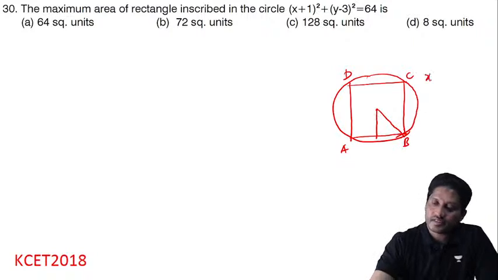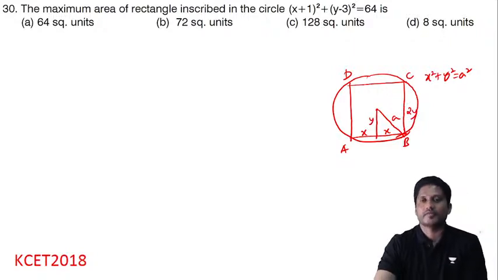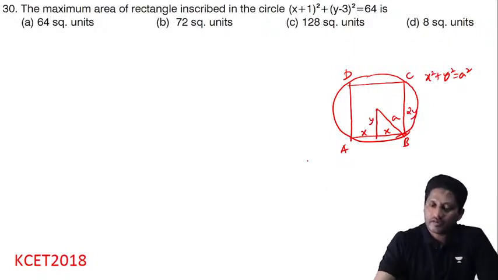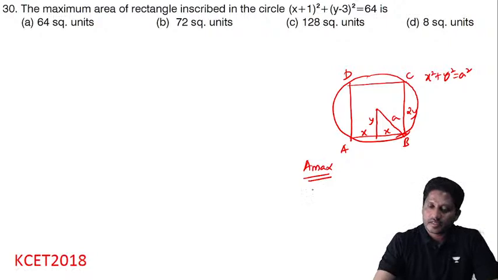Let's say the circle is x square plus y square is equal to a square. Fixed radius is a. The length is 2x and the width is equal to 2y. So area of the rectangle is maximum when it becomes a square.